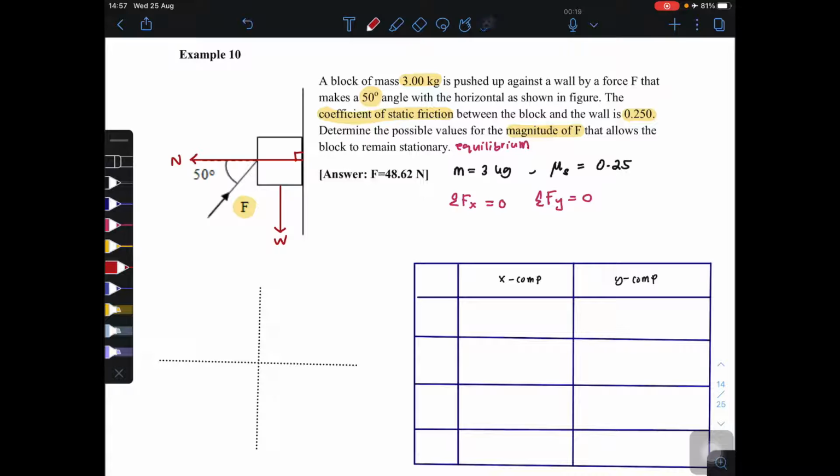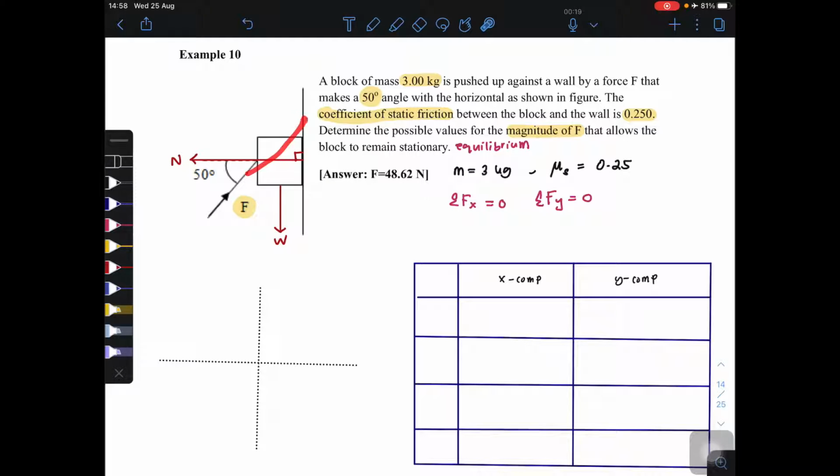Okay, and then since we are given the coefficient of static friction here, this means that we have friction force. So kalau dibagi value coefficient of static friction, bermaksud kita ada friction force lah. So friction force punya direction, if the block is pushed upward, maksudnya kita akan push dia ke atas macam ni kan.